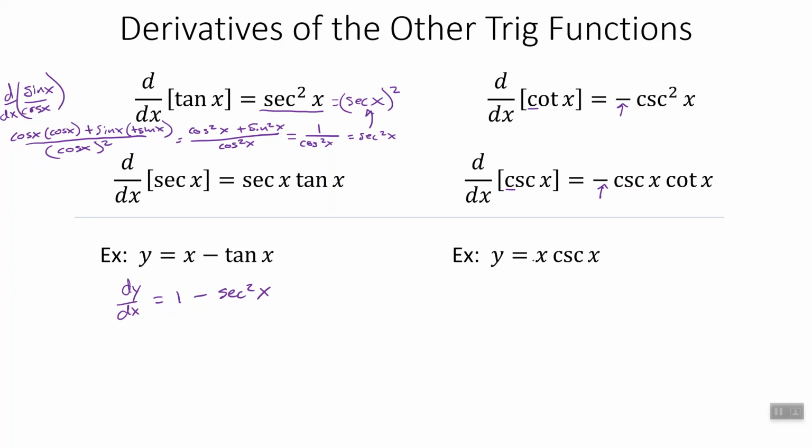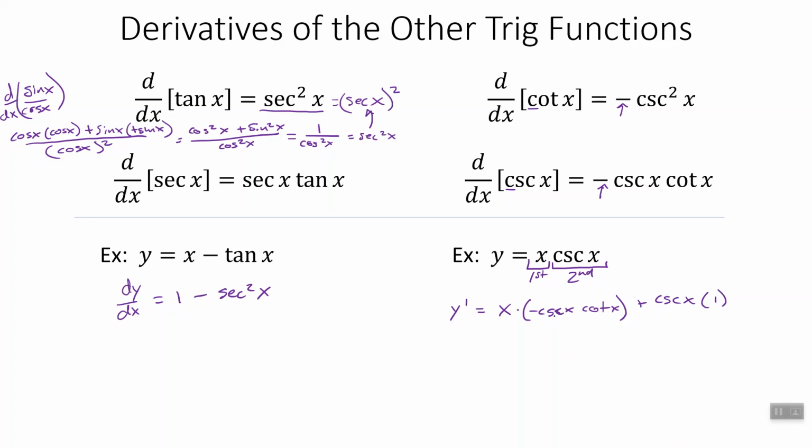All right, over here, we've got x times cosecant of x. So we have something with x times something else with x. We are doing a product rule. All right, so the product rule says that our derivative is first times derivative of the second. Derivative of cosecant is right here. Negative cosecant of x times cotangent of x plus the second, cosecant, times derivative of the first, which is just 1.